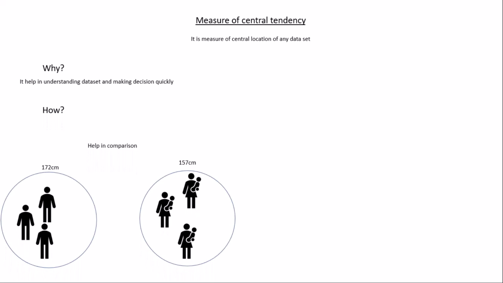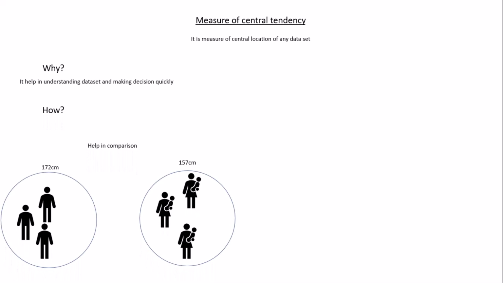Suppose this is the man and this is the woman, and there is a mean height of 172 centimeter, and 157 centimeter average height of woman. So you can easily compare by mean value, and it helps you in the comparison in a fast way.